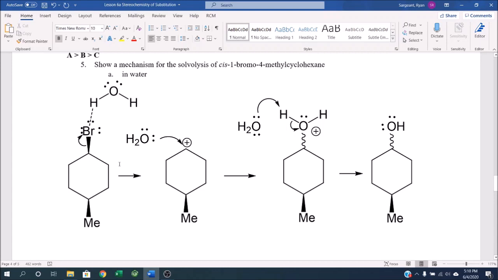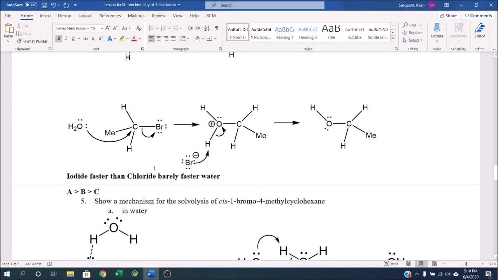I'm going to help you later build another table that allows you to predict if it's SN1 or SN2. But if you want to start diagramming that out, you should know that the solvolysis reaction for a primary alkyl halide goes via SN2. That's what happened up here.